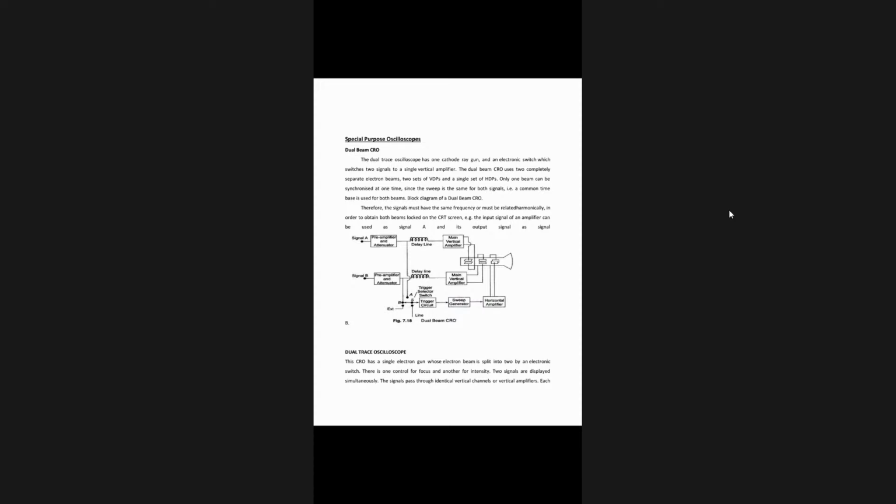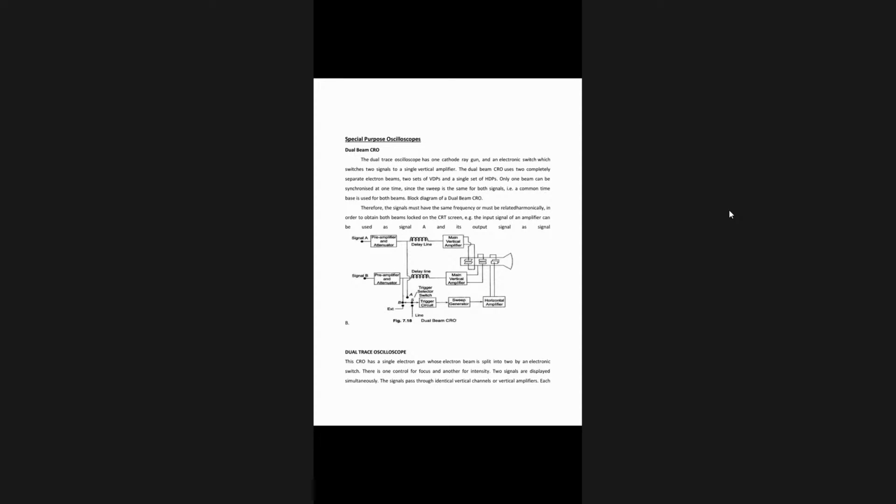And at the bottom side you can see there is a trigger circuit. The trigger can be taken from different sources: from signal A, from signal B, from an external source, and from the line voltage also. There are 4 sources for the trigger signal.